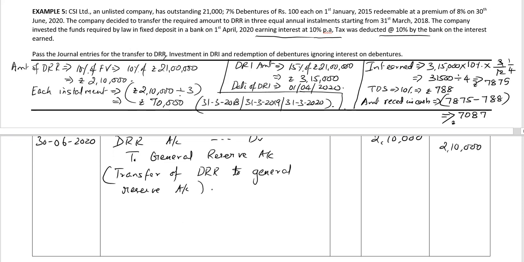Now we've created an account called interest earned, which has to be transferred to statement of P&L other income at the end of the accounting period. So that's on 31/3/2021.